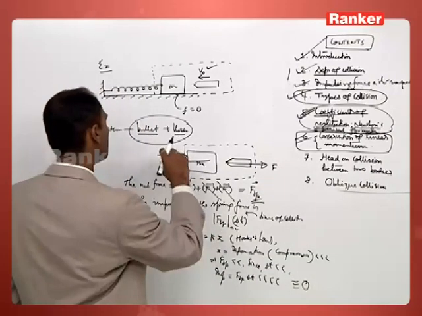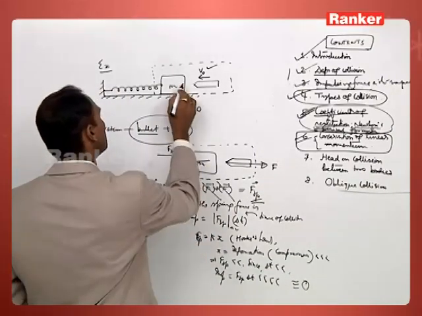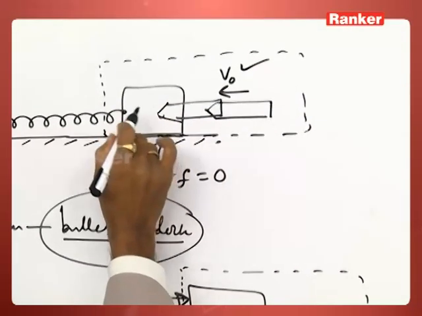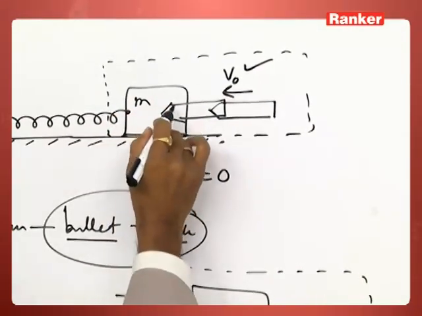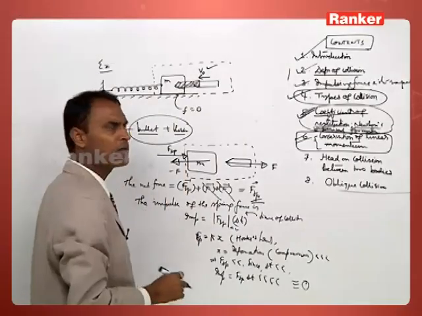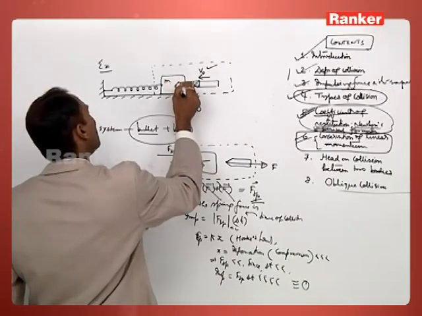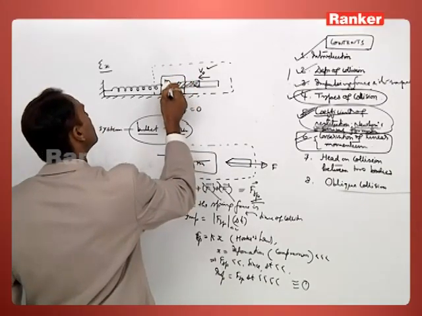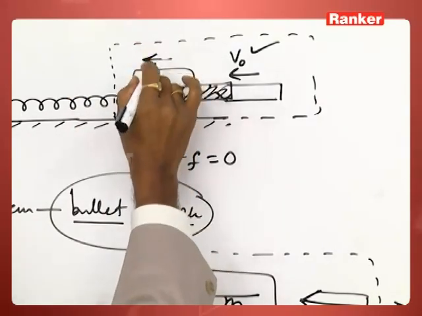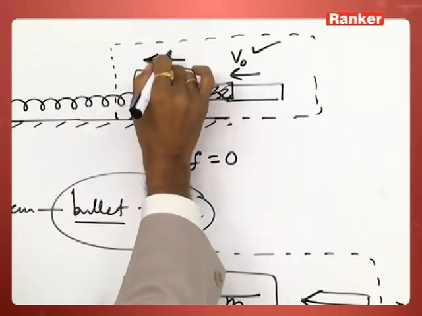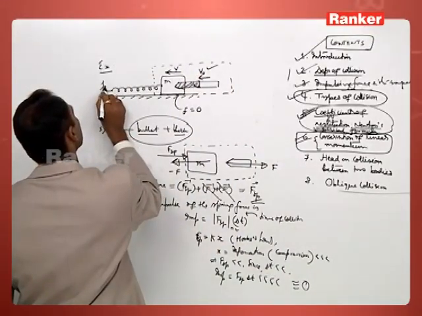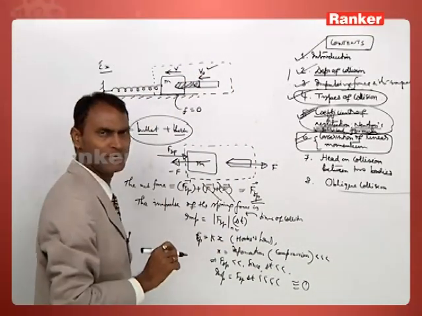But after the collision, what will happen? The bullet will penetrate the block and stop with respect to the block. After that, both the bullet and the block will move with some velocity and the compression of the spring will be significant.